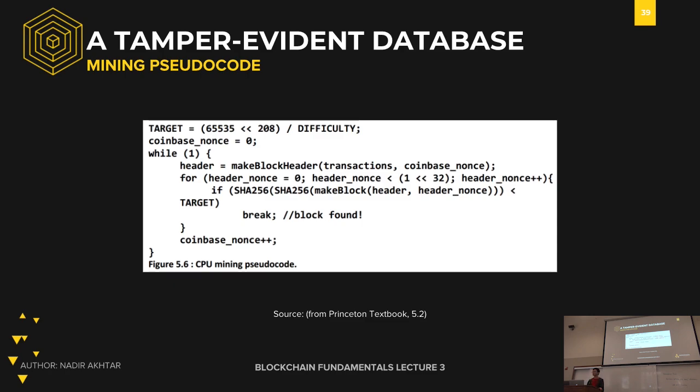The second part of the question is, you mentioned that the difficulty would adjust automatically every 2 weeks. Does this mean that if, let's say, the computational power used to mine Bitcoin doubles, this will not lower the transaction cost or the time to solve the puzzle? If your computational power goes up, let's say it doubles, the number of blocks you mine in a 2-week period increases significantly.